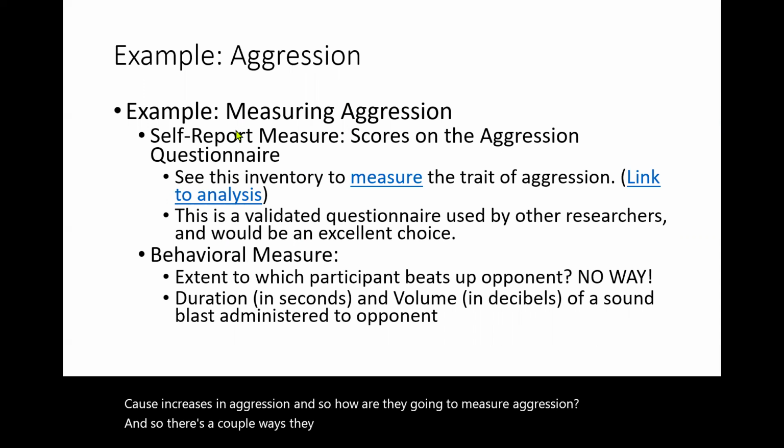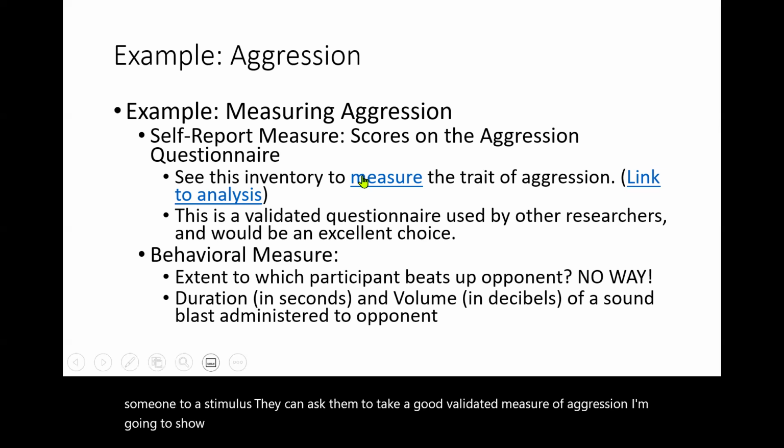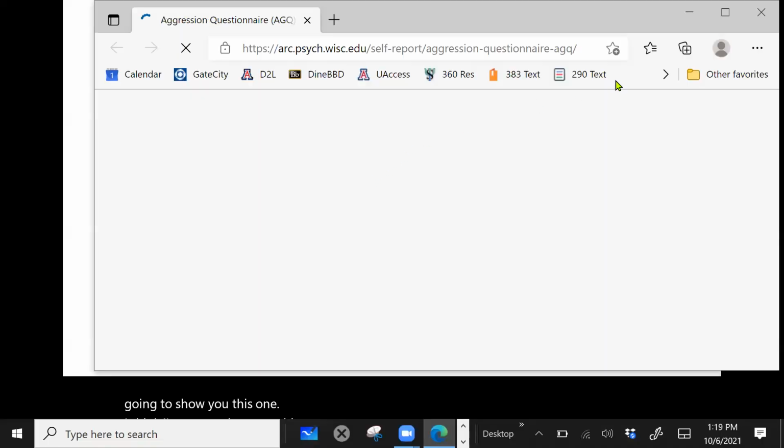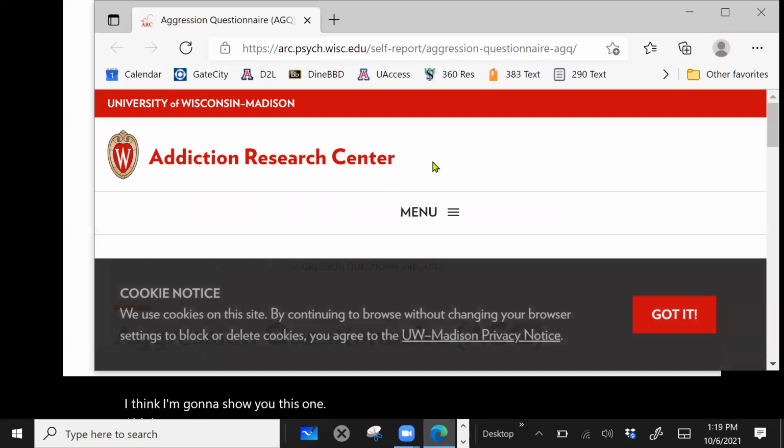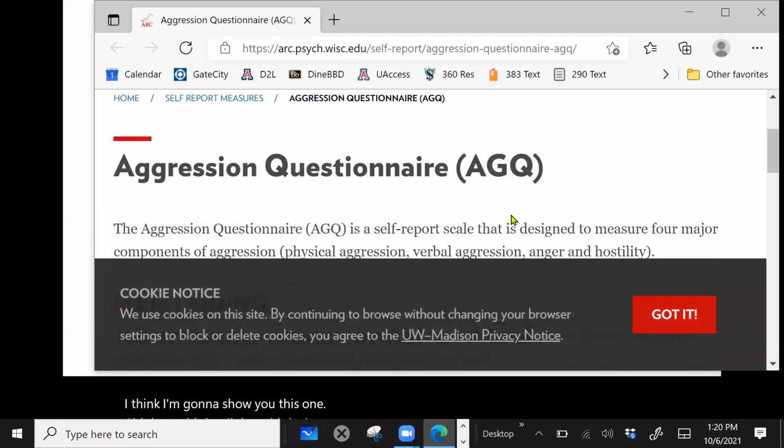One is they can do self-report. After they expose someone to a stimulus, they can ask them to take a good validated measure of aggression. I'm going to show you this one. This is a link to the Addiction Resource Center, but they have the aggression questionnaire.